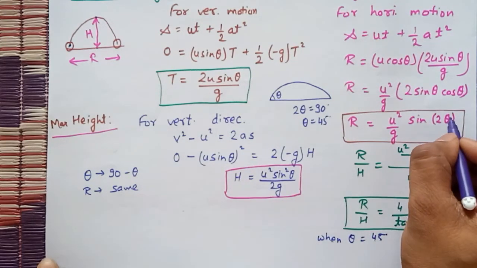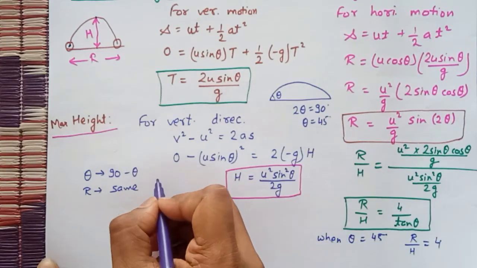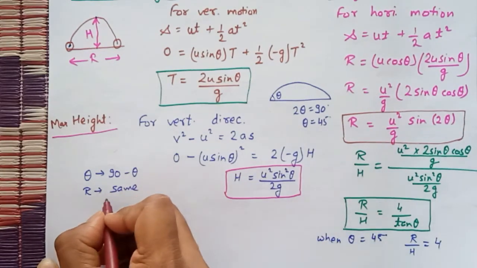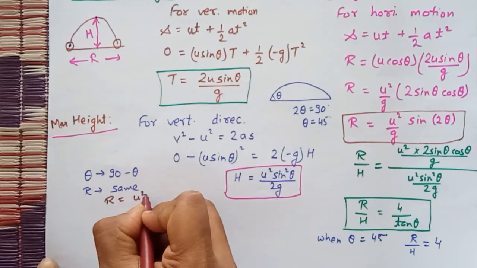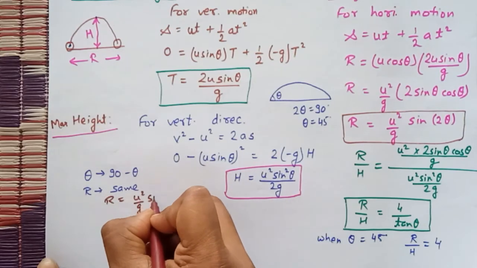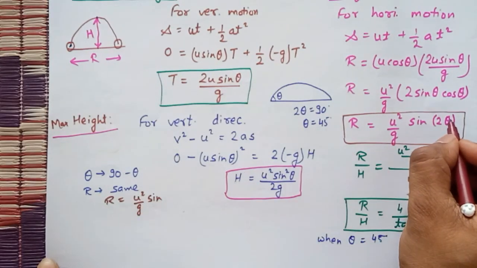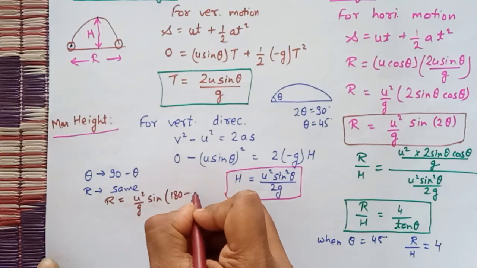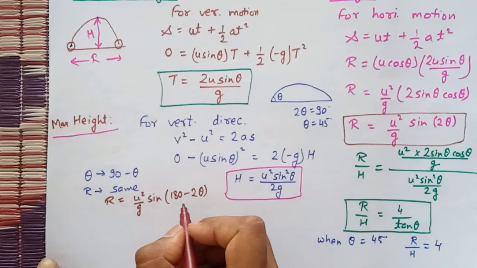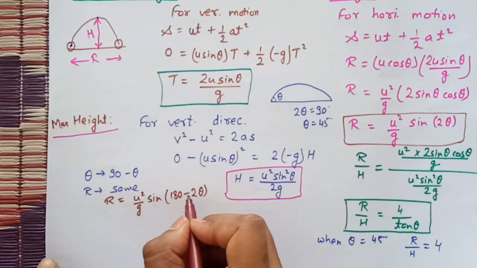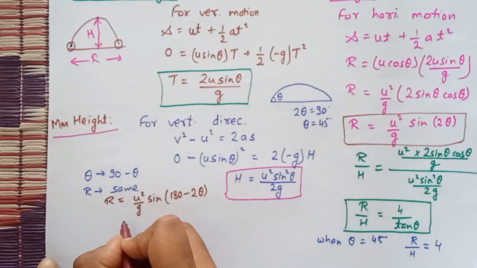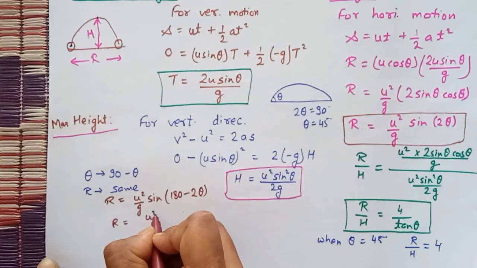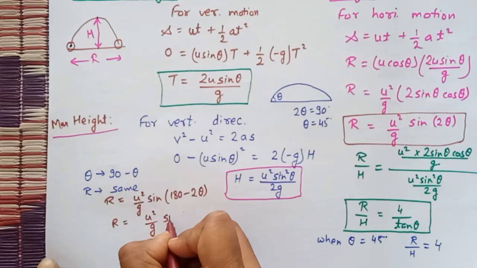How? If I put theta as 90 minus theta, then what will be the range? It will be u square upon g sine. Putting 90 minus theta in the place of theta, I will get 180 minus 2 theta. And according to trigonometry, the formula of sine 180 minus 2 theta is sine 2 theta only. So R will come the same as u square upon g sine 2 theta.